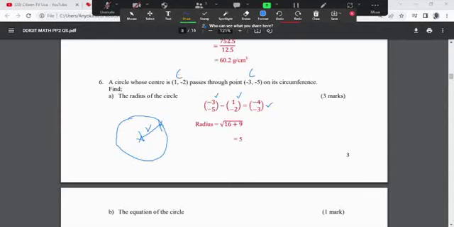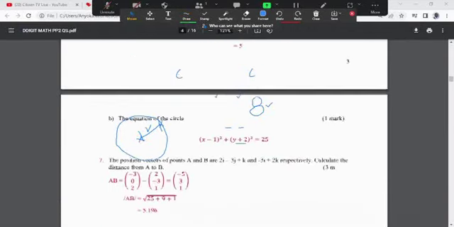Then from there we find the radius by getting the magnitude, where the magnitude is the square root of the square of the x value plus the square of the y value. So negative 4 squared is 16 and negative 3 squared is 9. So the magnitude is 5, and that's our radius.